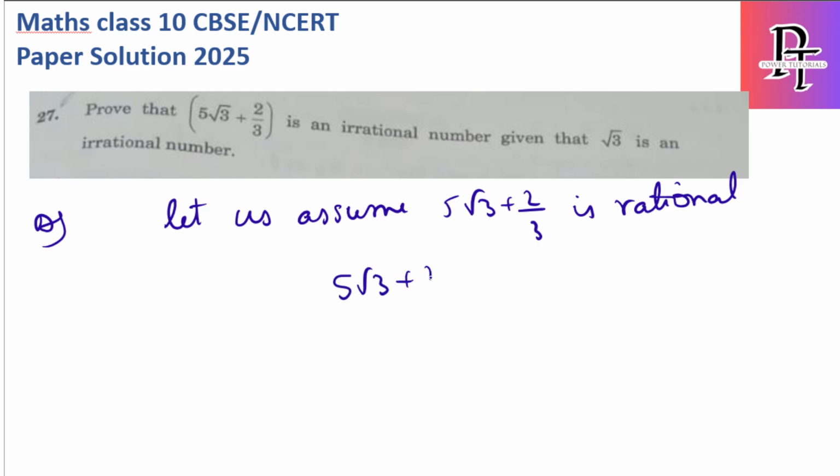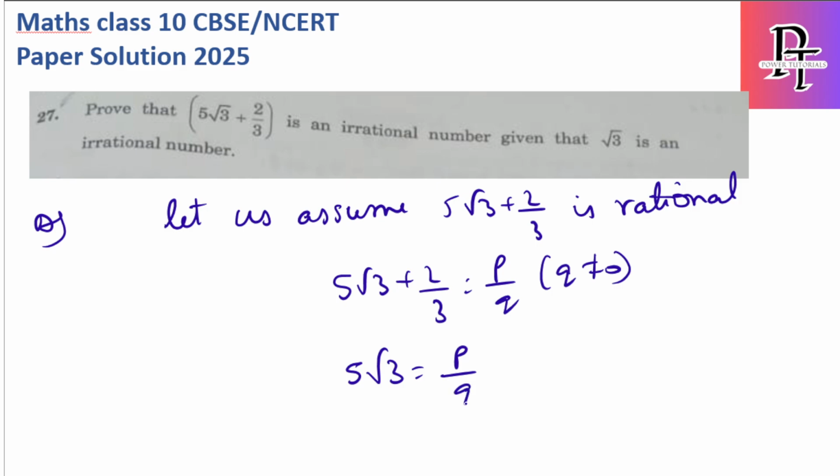So 5 root 3 plus 2 by 3, I can write in the form p by q, where q is not equal to 0. Let's move 2 by 3 to the right side. It becomes p by q minus 2 by 3. So for 5 root 3, if I take the LCM, this becomes 3p minus 2q by 3q.